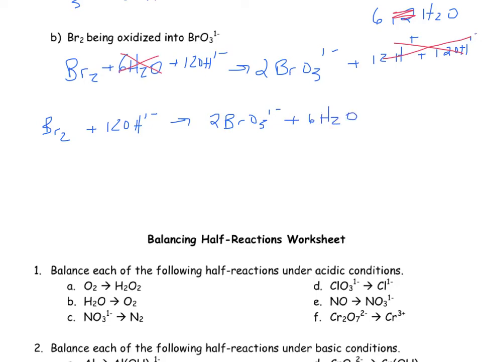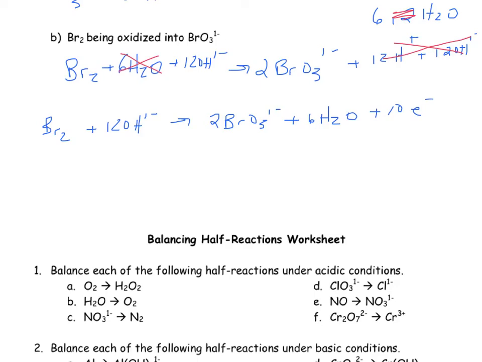Now to balance with electrons. I have a 12 minus on the left-hand side, and I only have a 2 minus on the right-hand side. That means I need to balance with 10 electrons on the right-hand side as products.